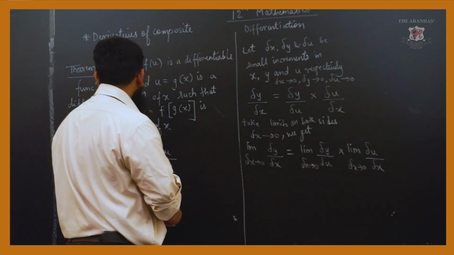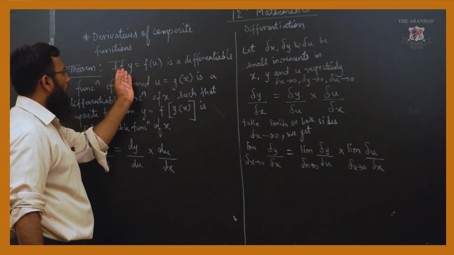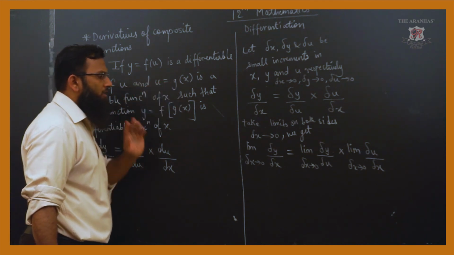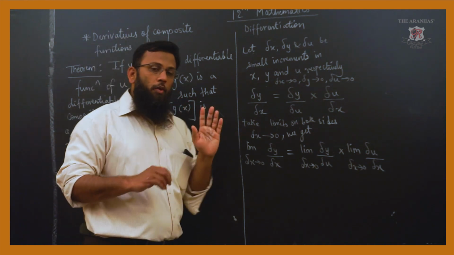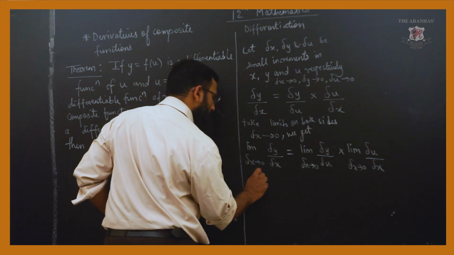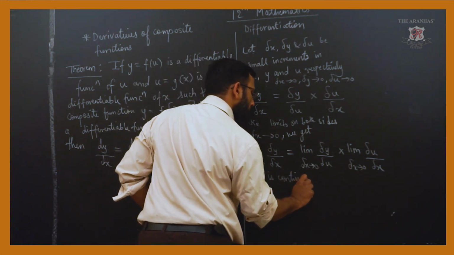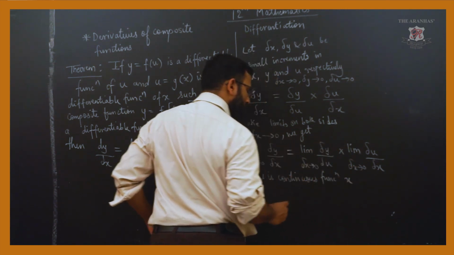Remember, in the statement it is given that y is a differentiable function of u and u is a differentiable function of x. Also remember, u is also a continuous function of x.